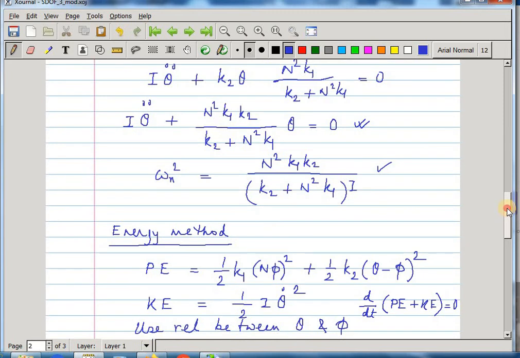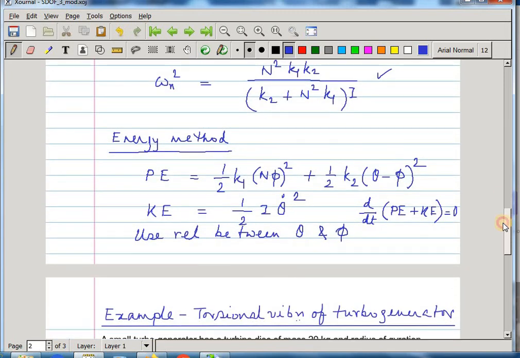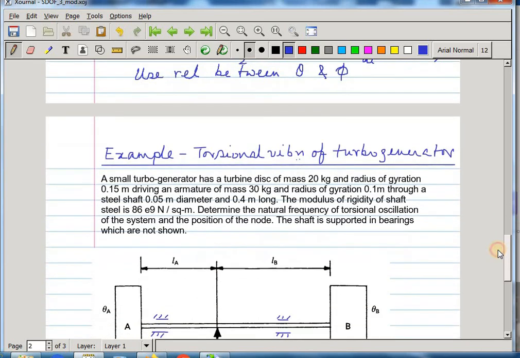So you have to do a little bit of manipulation to arrive at the final form.